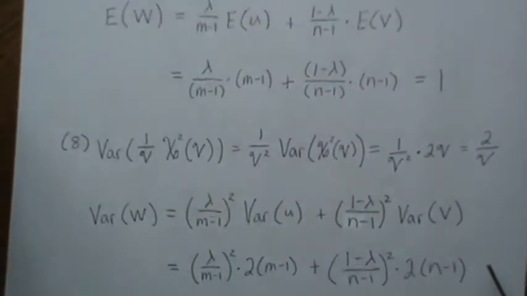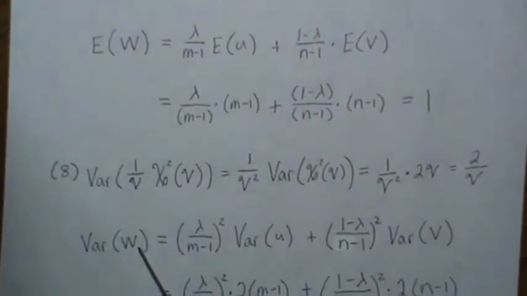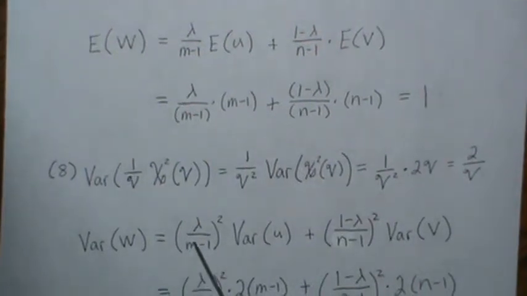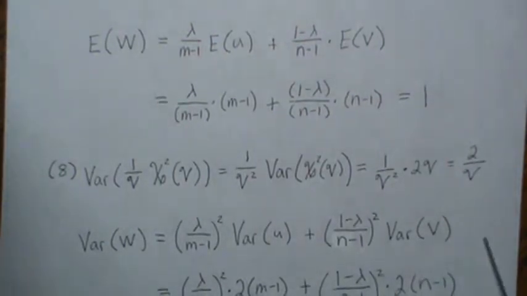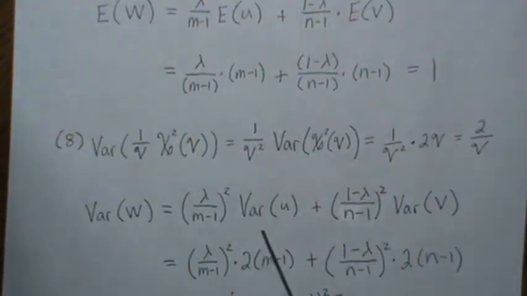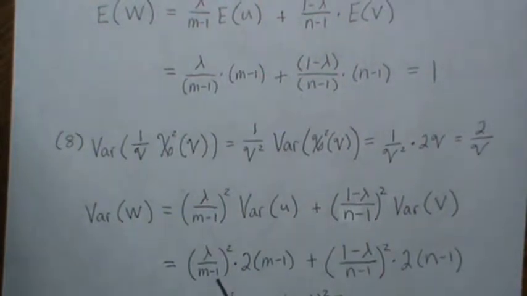Now let's look at the variance of W. We square the constants out front, and we're left with this, plus we square the constant and this, and they're independent, so there's no covariance. The variance of a chi-squared is 2 times the degrees of freedom, so one of those cancels here, and one cancels here.